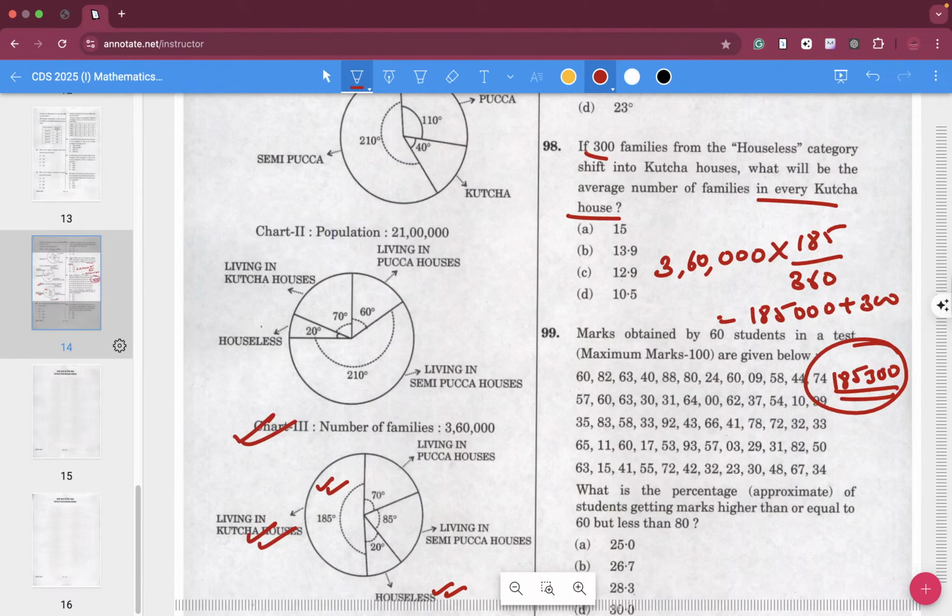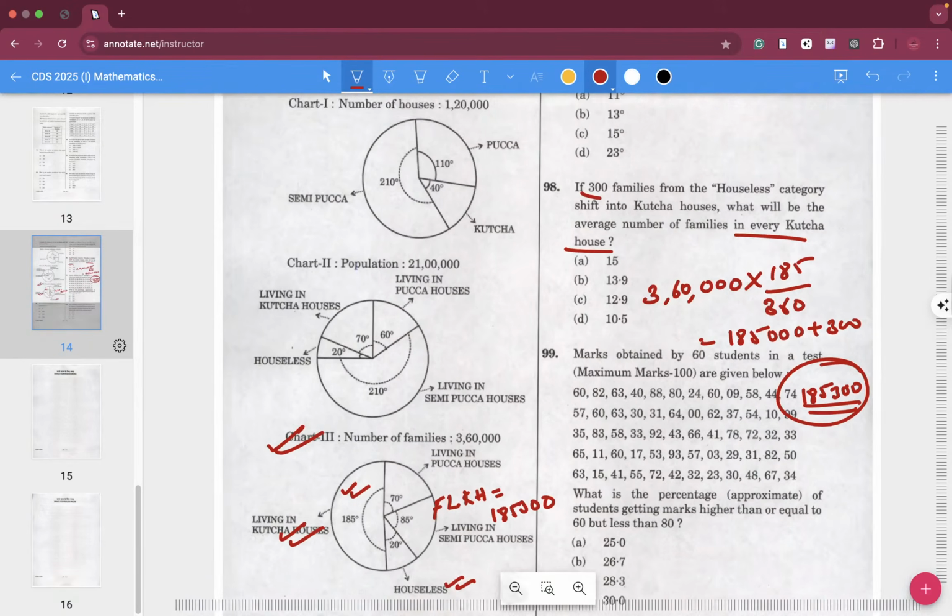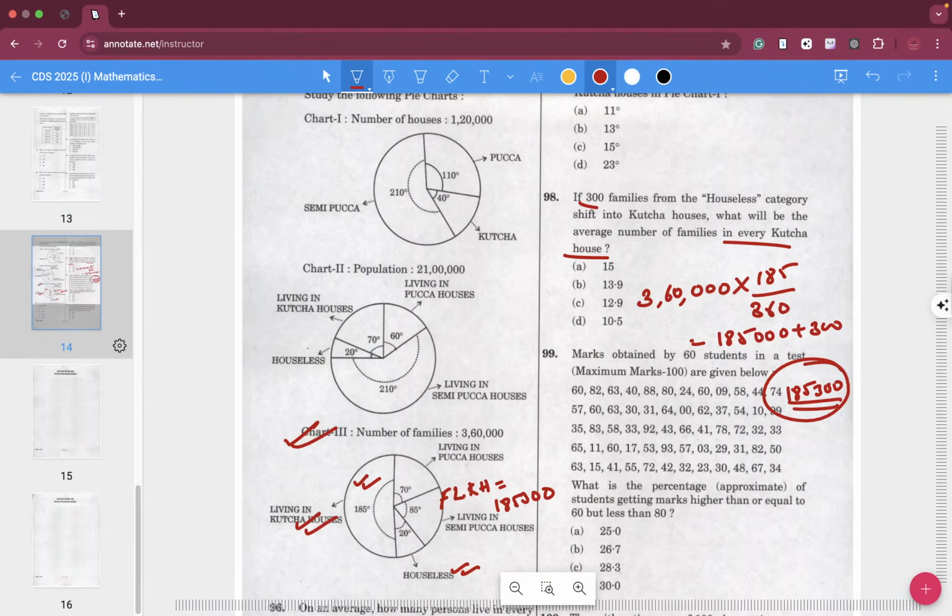So now this is the number of families. Families living in kacha houses, FLKH, is equal to 185,300. That is what we have, and we also have to find out one more thing. What have they asked?